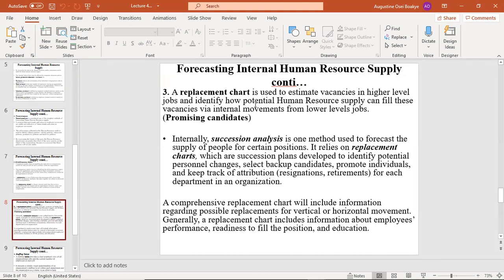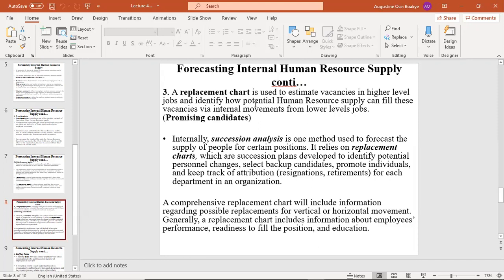Now, internally, succession analysis is one method that is used to forecast the supply of people to fill those positions. And when we talk about succession analysis, it's more or less like succession planning, where you are considering virtually all positions within the organization and the people that are likely to be promoted to occupy them when the need be.